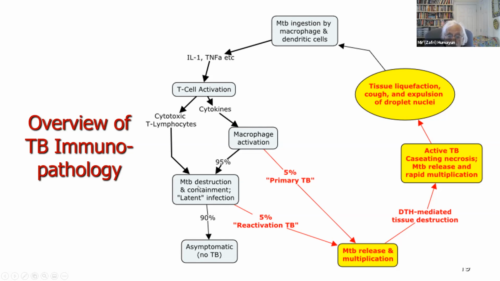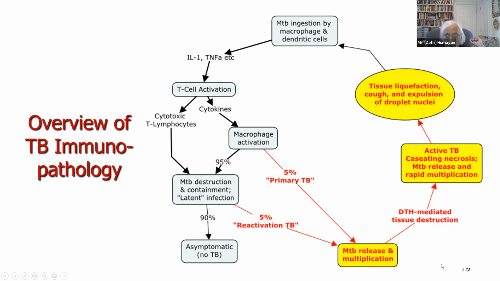However, in certain individuals, that is about 5% of the population, this attempt to limit the multiplication is not successful, leading to primary tuberculosis. But for the vast majority of people, 95%, the intervention by the chemokines and the cytokines is sufficient to lead to successful granuloma formation and containment, so that these individuals can remain asymptomatic virtually for an entire lifetime, except for that small percentage which at some random time in their lifetime can suffer reactivation TB.